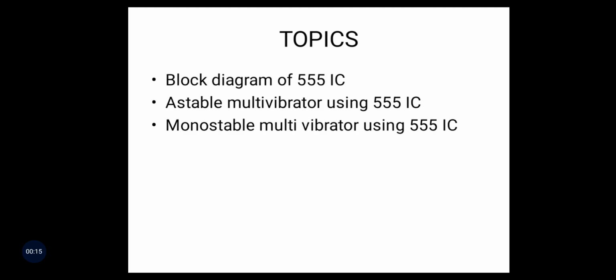In this lecture, we are discussing about timer, that means the block diagram of 555 timer IC. The timer IC number is 555. Using 555 timer, we design the astable multivibrator and also the monostable multivibrator.